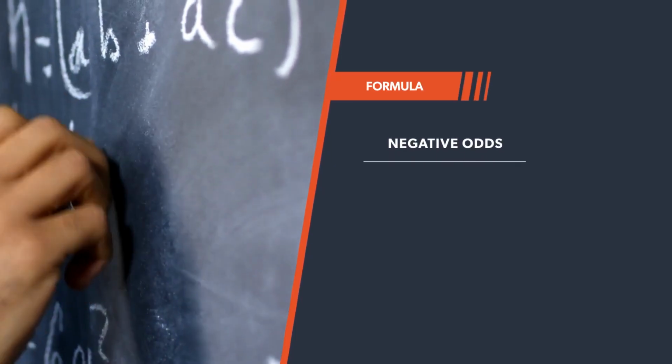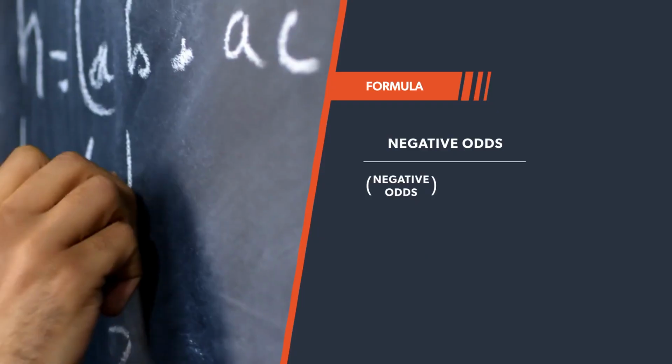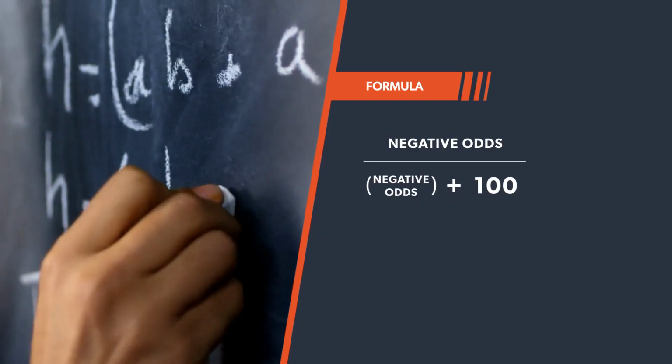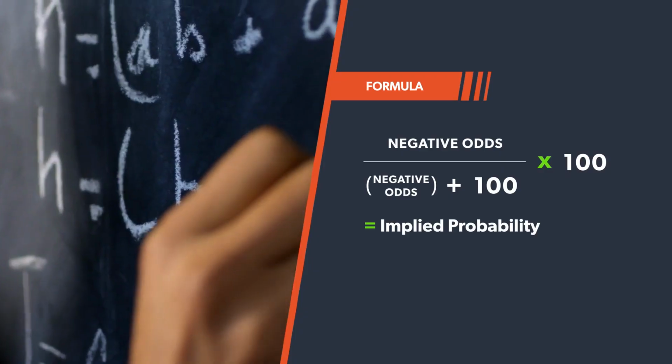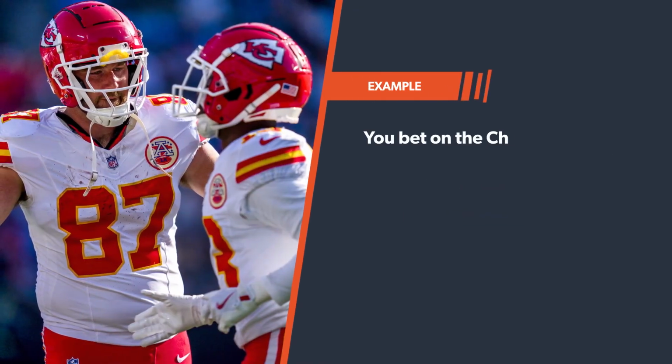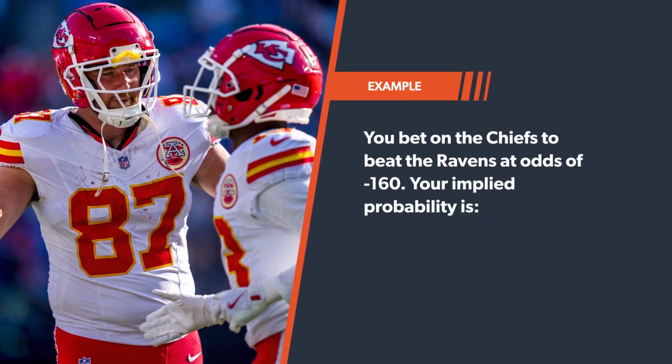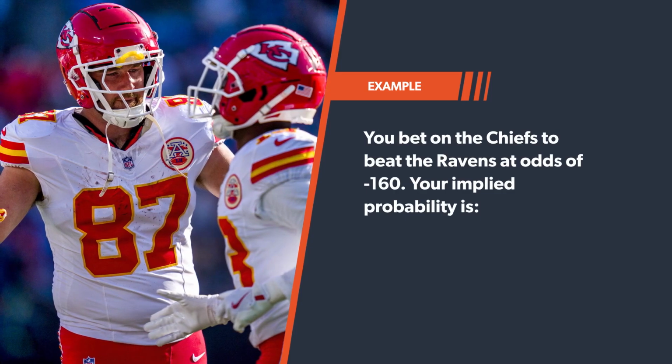The formula to calculate the implied probability if the odds are negative is the odds number in positive divided by odds number in positive plus 100, all multiplied by 100. For example, let's say you've wagered on the Chiefs to win against the Ravens and the odds are minus 160.